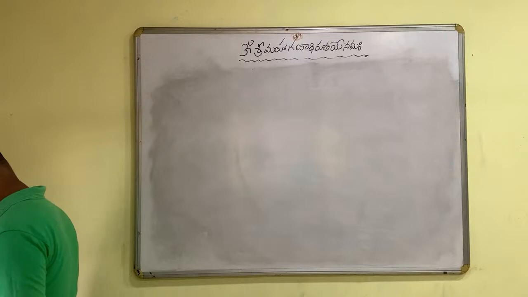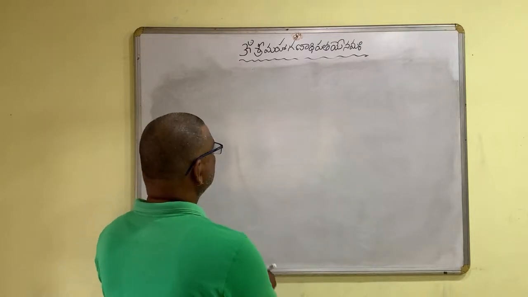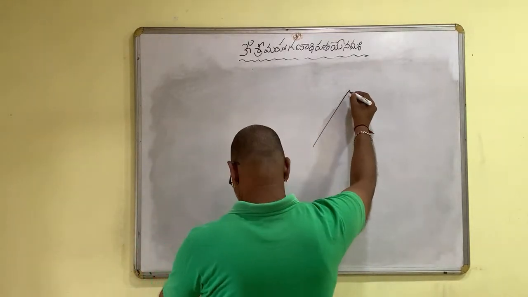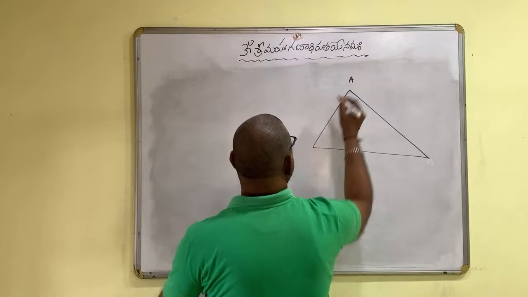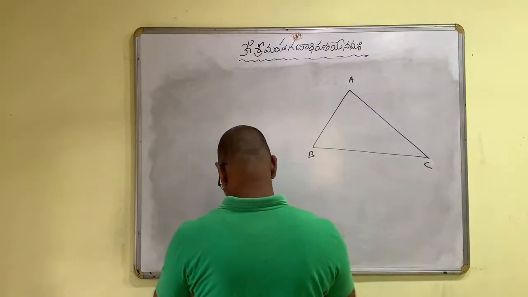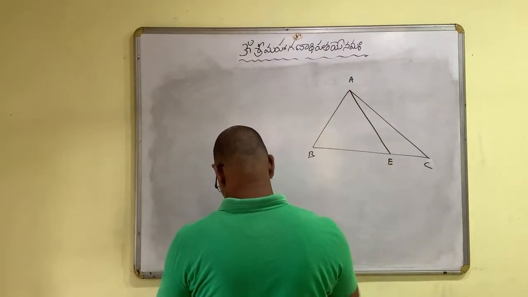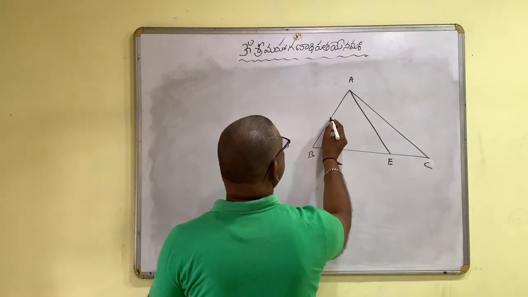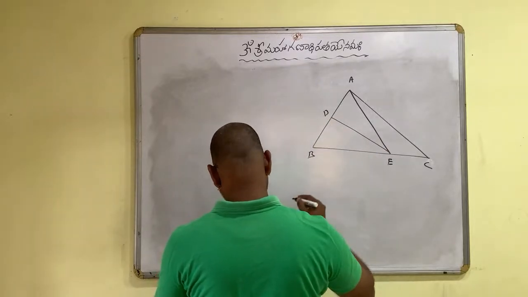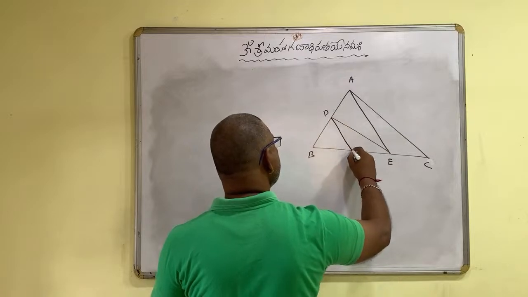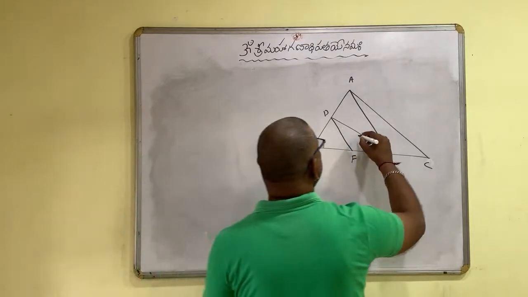Now, there is another problem you see. Problem number 4. There is a triangle ABC, with points D, E and F marked.